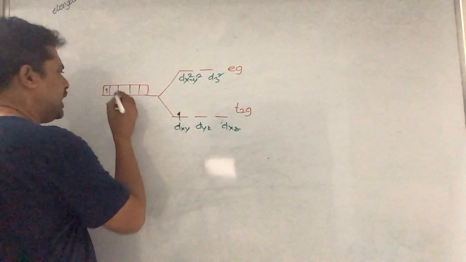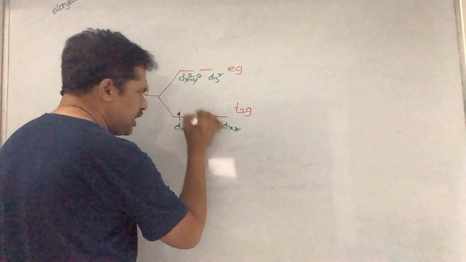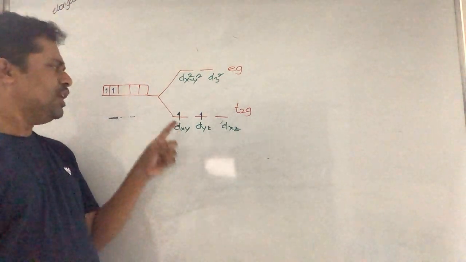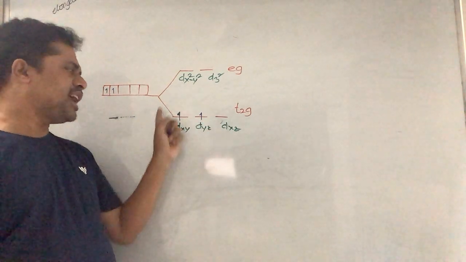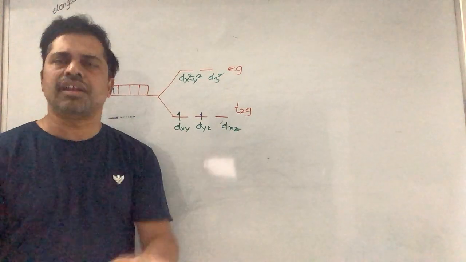Next you see the d2 configuration. One more electron definitely comes here. Same thing, d2 is very similar to d1. One electron is present here, and now these two electrons are experiencing more repulsion than this. 100% there will be distortion, but not significant.